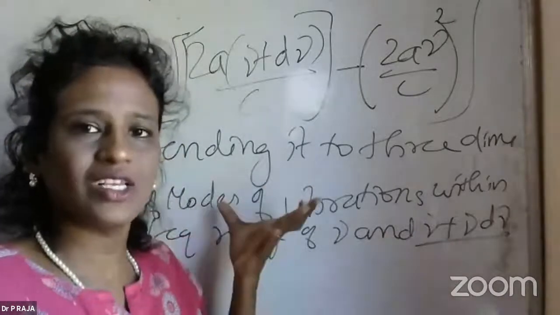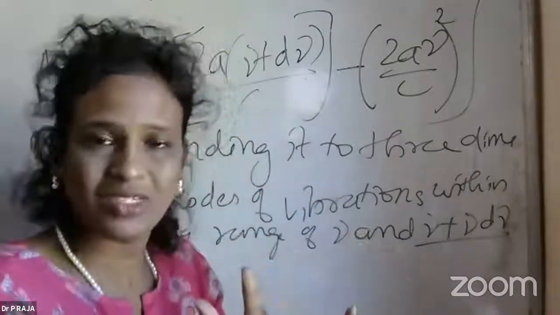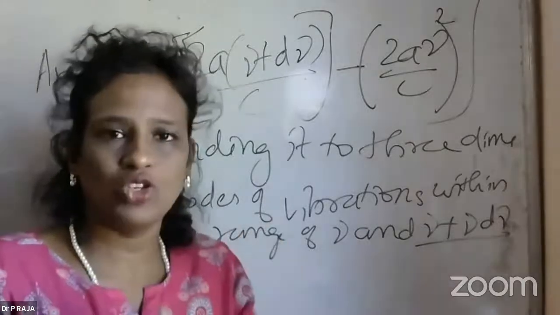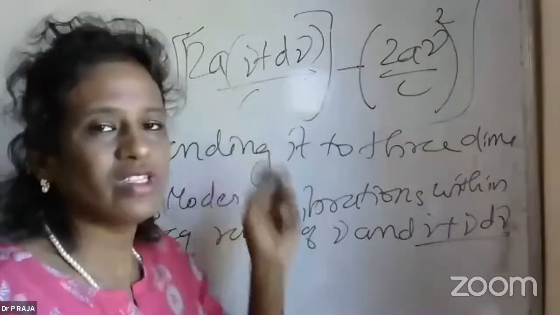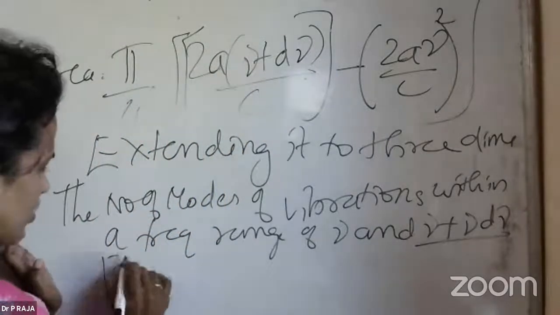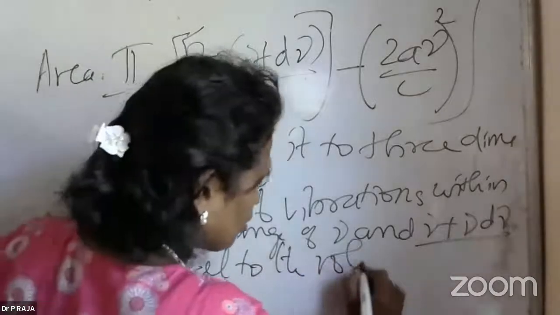In the case of three dimensions, we need to take the sphere into consideration and not the area. Here it will be the volume. The volume between the two concentric circles has to be taken, which is equal to the volume.